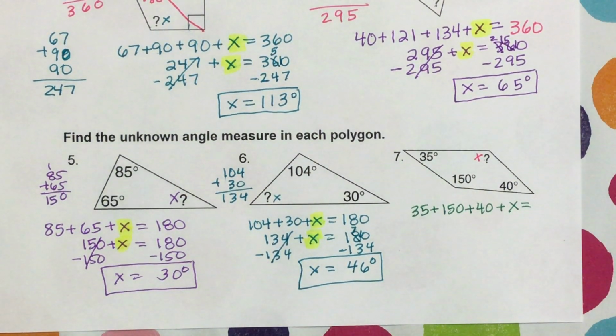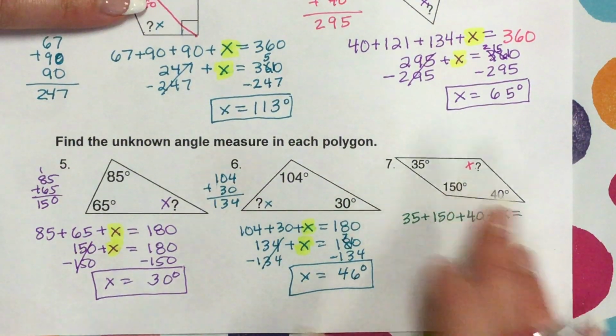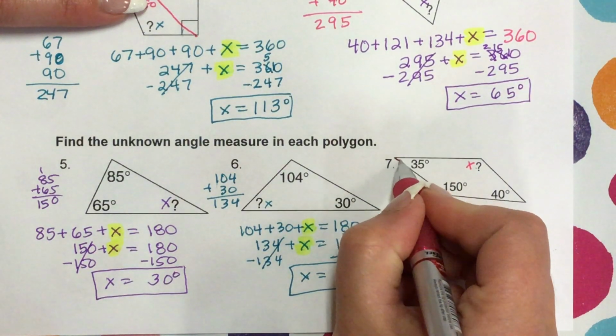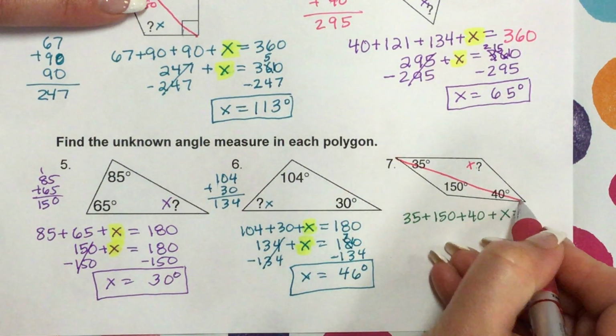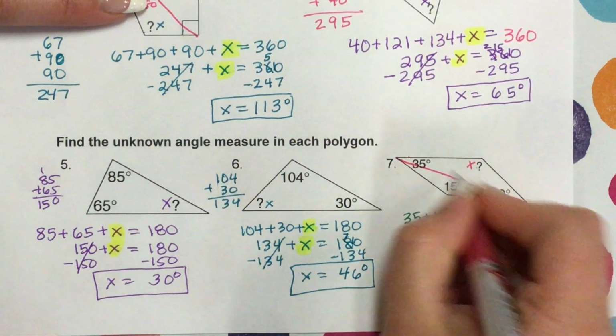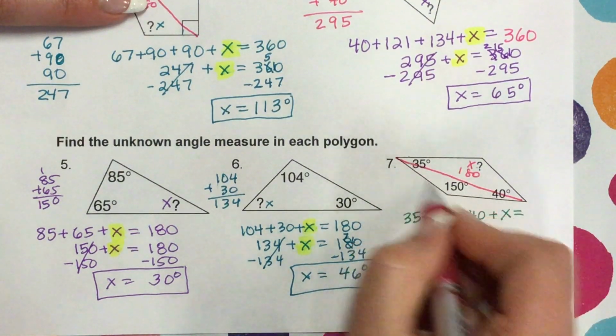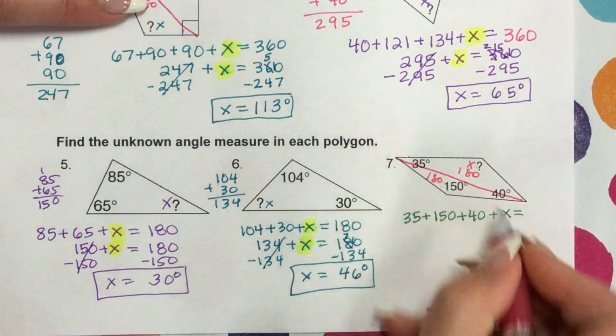To figure out the sum of the interior angles of a quadrilateral, I'm going to have to divide this into triangles and see how many triangles fit in this quadrilateral. If I do that, I would connect this side to that side. So I have one triangle and another triangle. This triangle, the sum of its interior angles are 180 degrees, and the sum of this triangle's interior angles are 180 degrees.